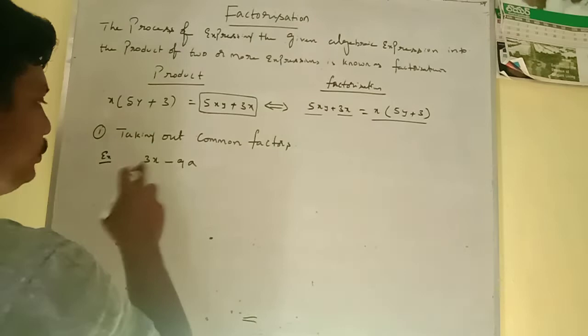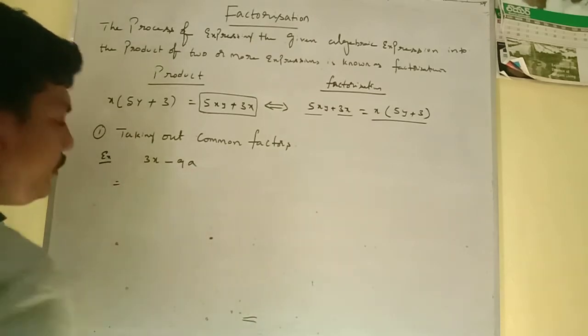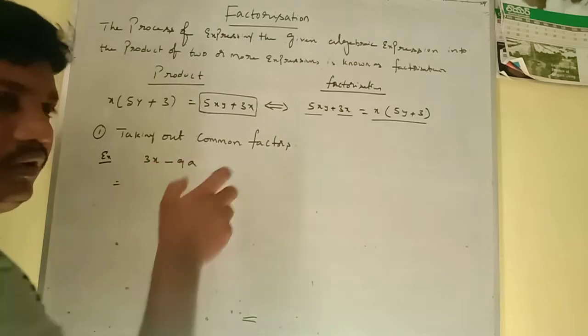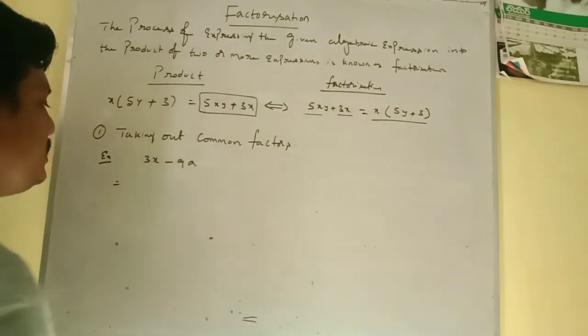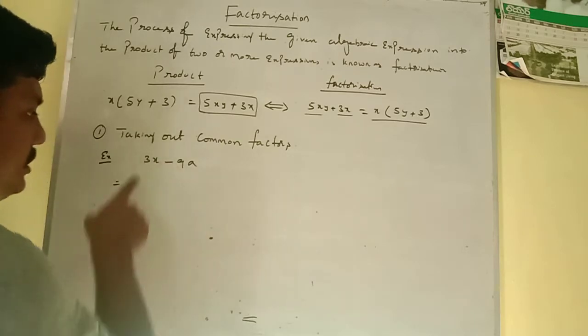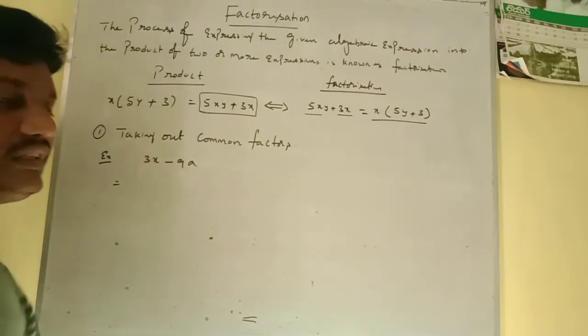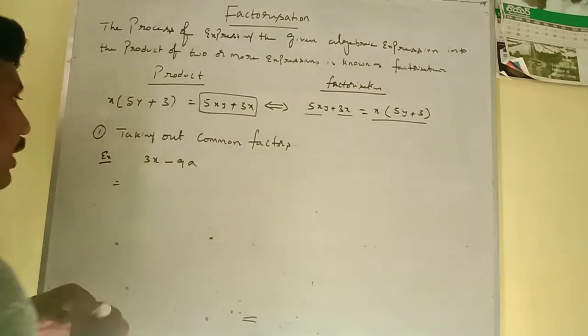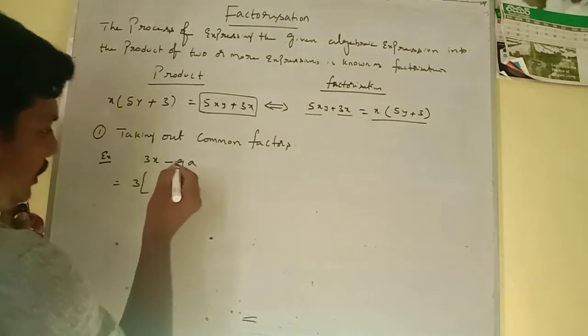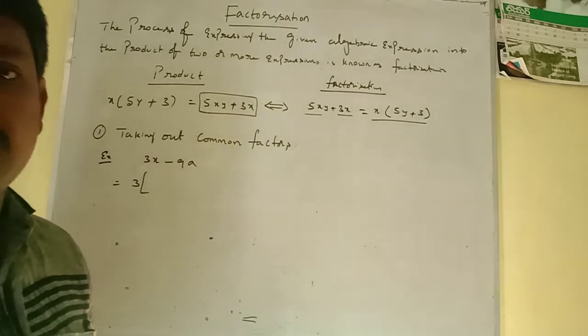By observing the numerical coefficients, I can see that these two are multiples of 3: 3 ones are 3 and 3 threes are 9. So I am going to take 3 as the common term.